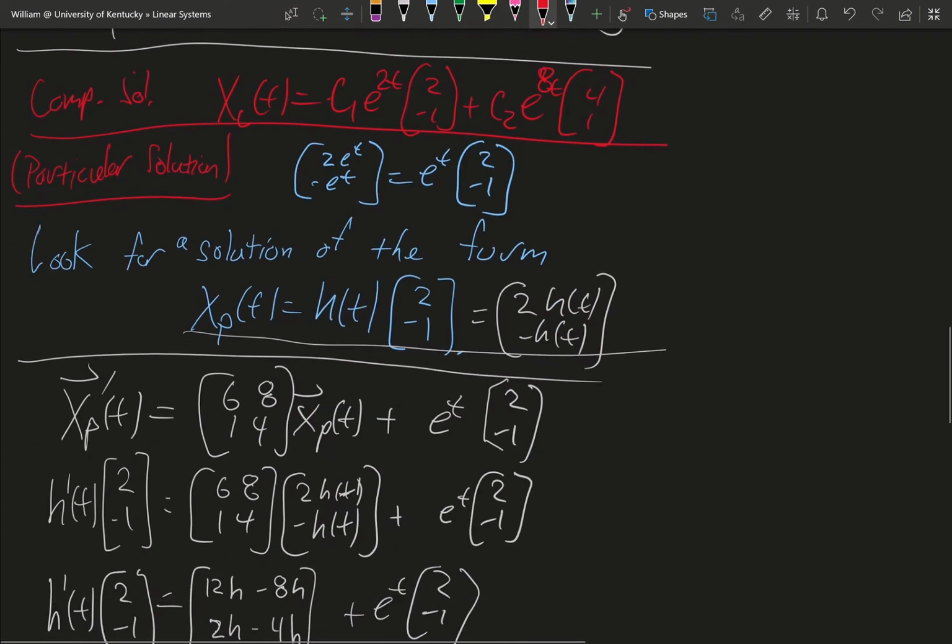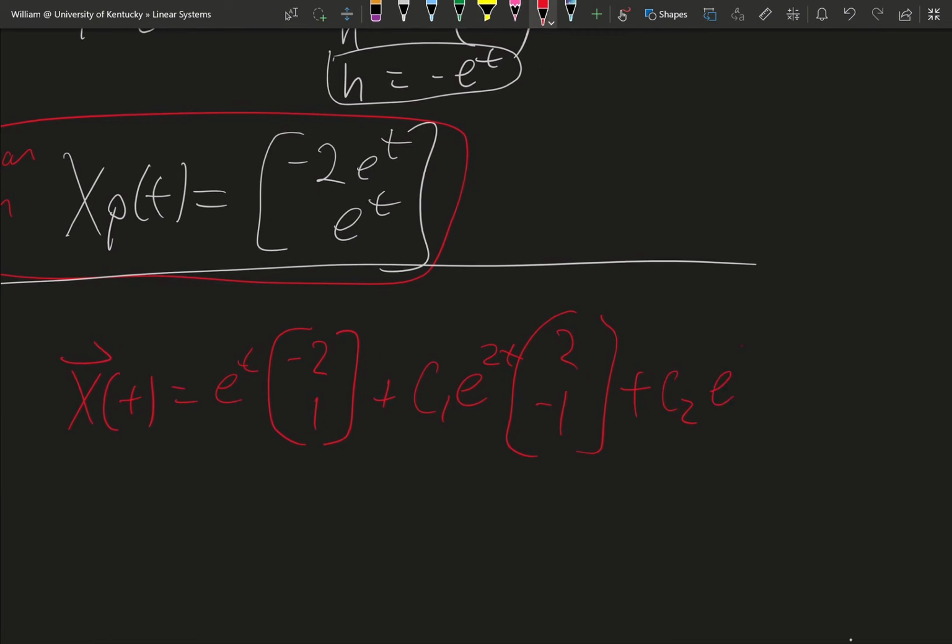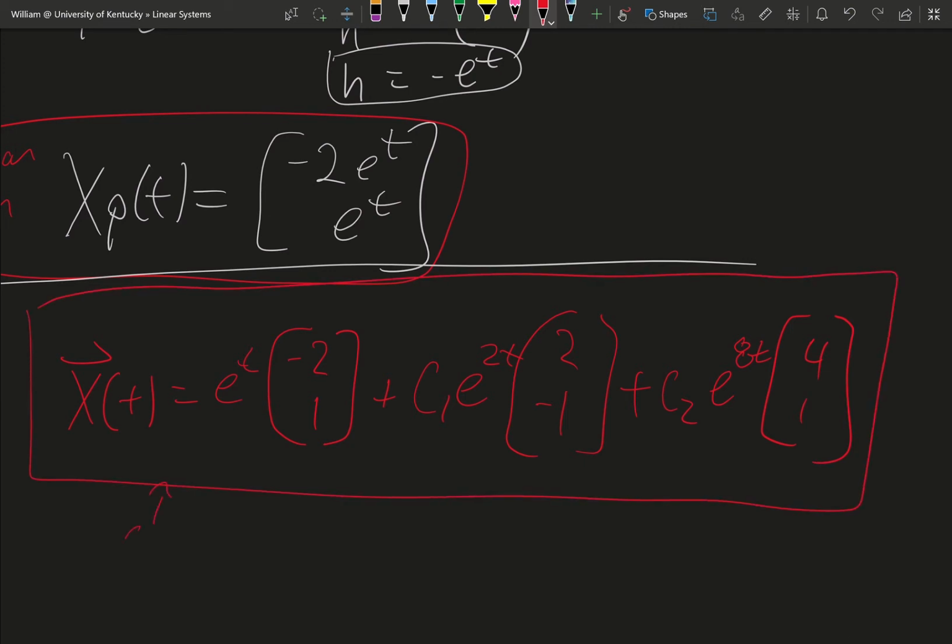We have it right there: c1 e to the 2t (2, negative 1) plus c2 e to the 8t (4, 1). And that is our general solution.